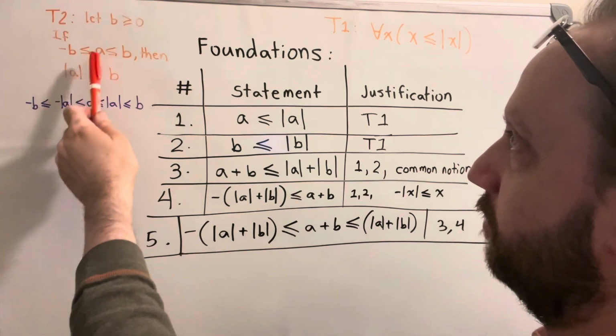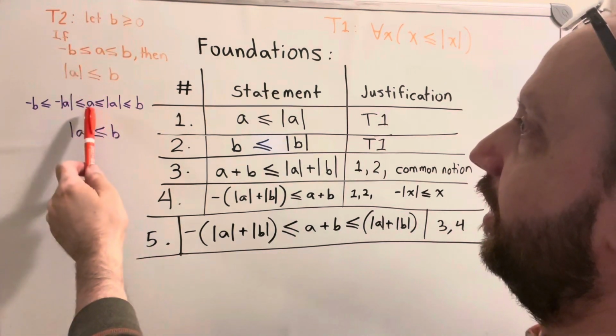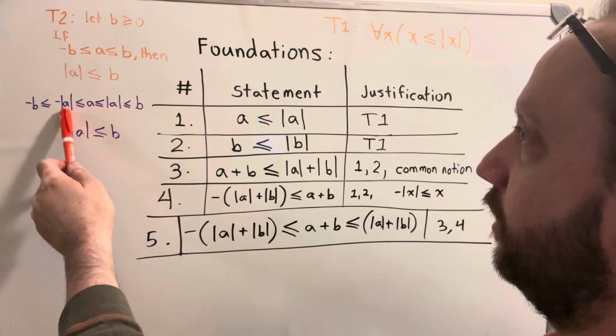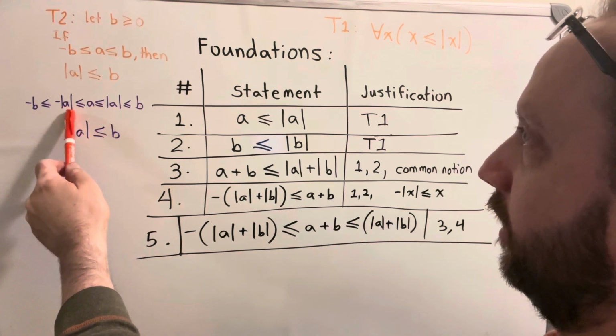So if A happens to be negative, then it's equal to the negative absolute value of itself.